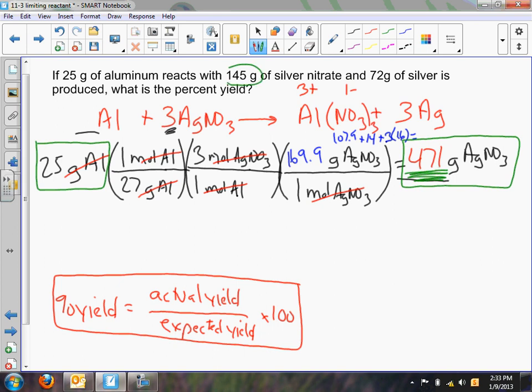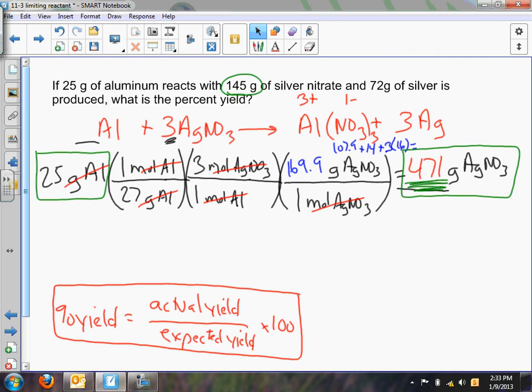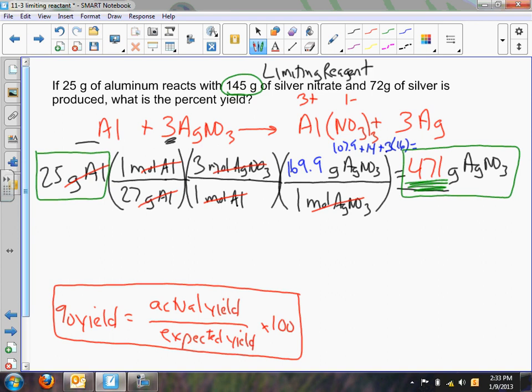It looks like only 145 grams, which means the silver nitrate is my limiting reagent. That is the thing I'm going to run out of. I need 471 to completely react with my 25 grams. I don't have 471, I only have 145.